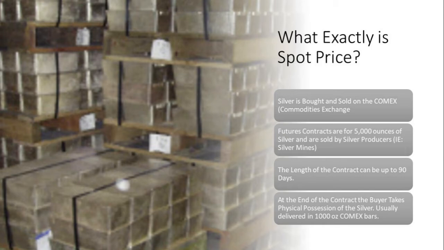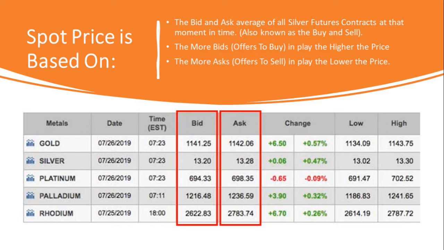So what we're talking about basically is where supply meets demand. That's where price comes from. The way it works on the COMEX is the bid and ask average of all silver futures contracts at that moment in time, also known as the buy and sell, determines the price or spot price. The more bids, offers to buy, in play, the higher the price.